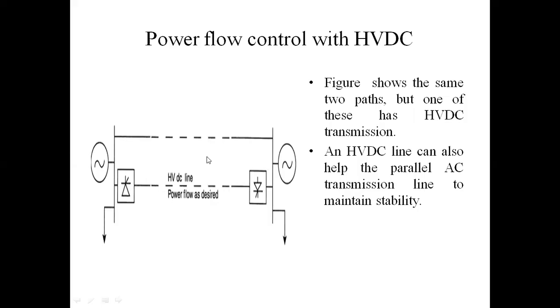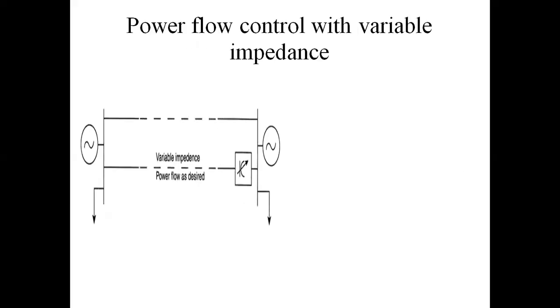That's why HVDC transmission is suitable above 500 kilometers. This figure shows the same two paths, but one has an HVDC transmission line, and HVDC can also help the parallel AC transmission line maintain stability. This is the first diagram without control, and this is the HVDC controlling transmission.